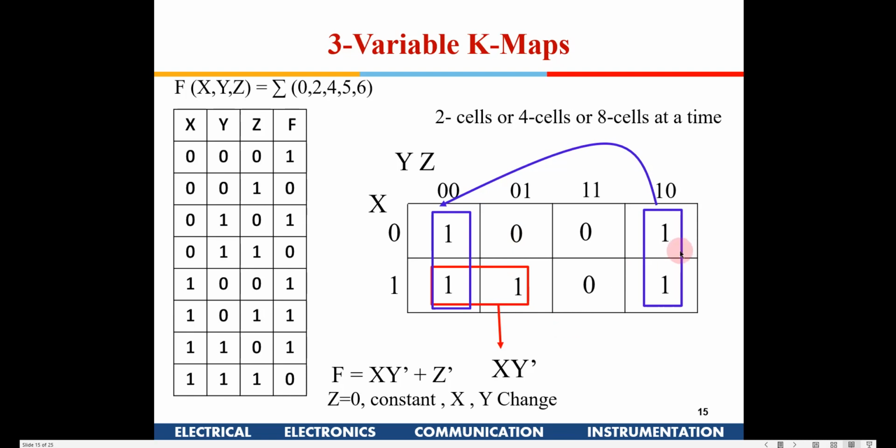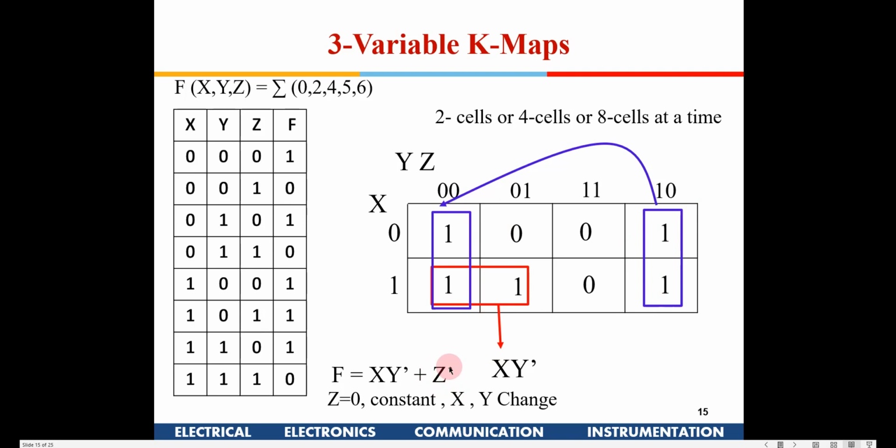Now if you see these combined, x is changing and y is changing, but z is remaining constant, 0. So z is 0 here and z is 0 here. So I can straight away write that this 4 box corresponds to z dash.